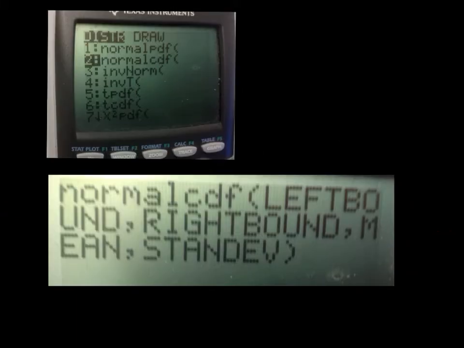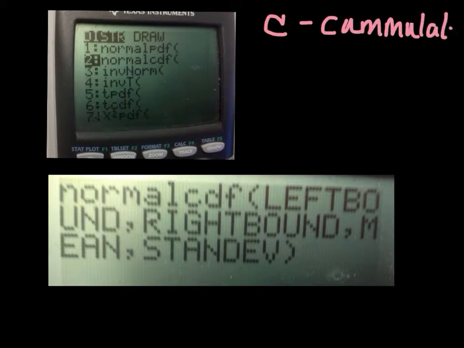Okay, so what I have for you are a couple of graphing calculator displays of what we're going to call the normal CDF function. The first thing I want to say is the C in CDF stands for cumulative. If you'll remember back when we did cumulative distributions, we would add up the frequencies as we went.